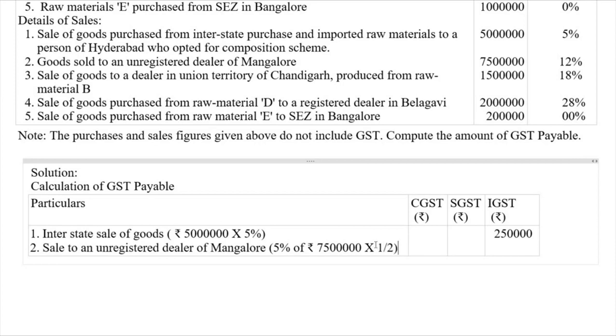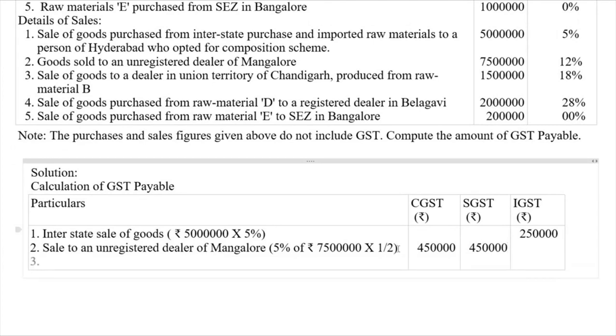Why it is 1/2? Because the rate of CGST and SGST will remain same here. So when you calculate 6% of 75 lakhs, it comes to 4,50,000. So here also 4,50,000.